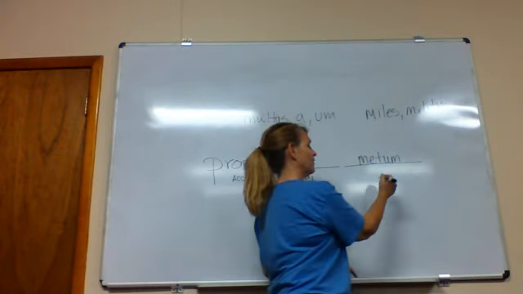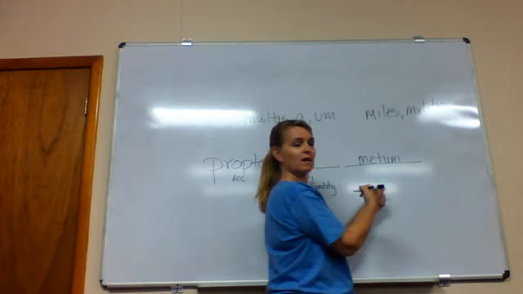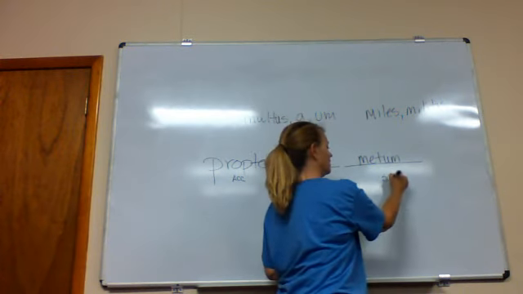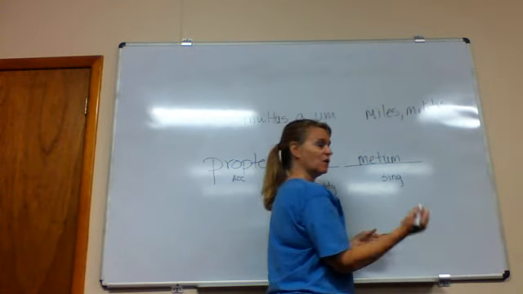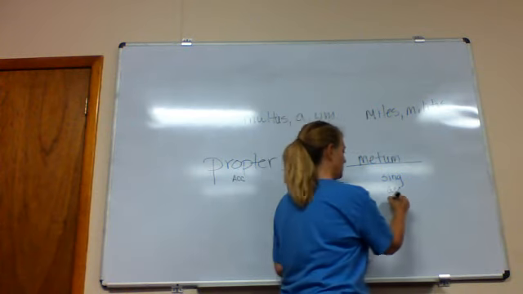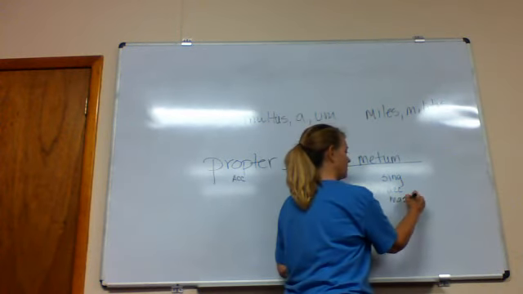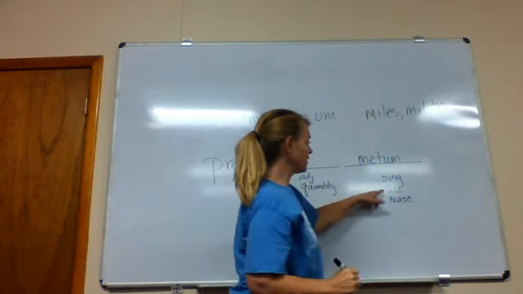We have number. What do we got? Singular. We already said what case. What case is it? Accusative. And what gender? Masculine, because it's what declension? Fourth declension. So we got singular, accusative, masculine.